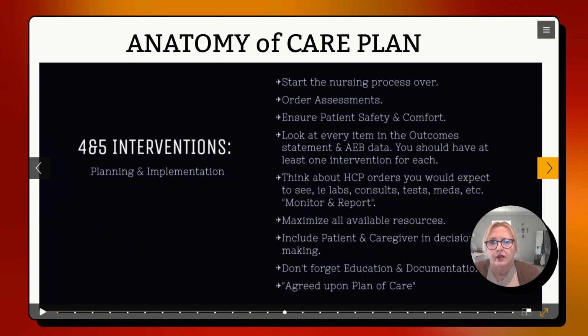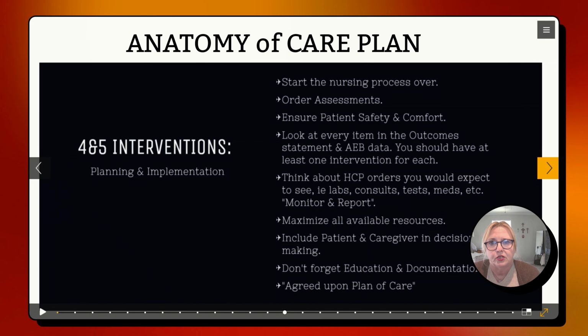Does the patient have enough resources? Maybe they're not taking their insulin or their blood pressure medicine appropriately because they have to choose between it and keeping the heat on.